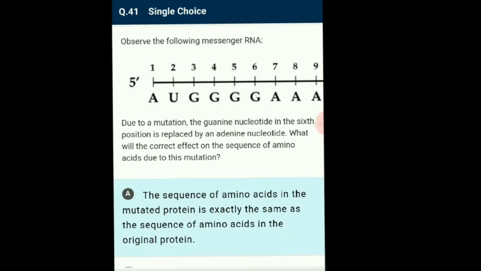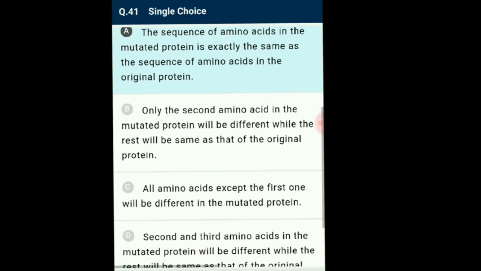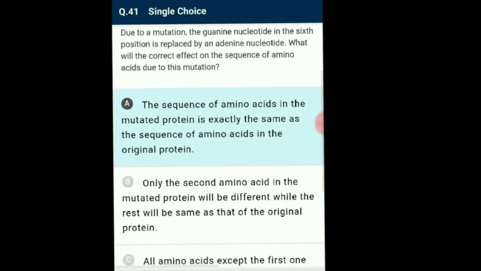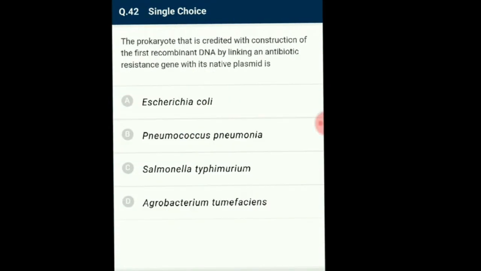The sequence of amino acids in the mutated protein is exactly the same as the sequence of amino acids in the original protein. So the correct option for this question is option A. Question number 42. The prokaryote that is credited with construction of the first recombinant DNA by linking an antibiotic resistance gene with its native plasmid is Salmonella typhimurium.